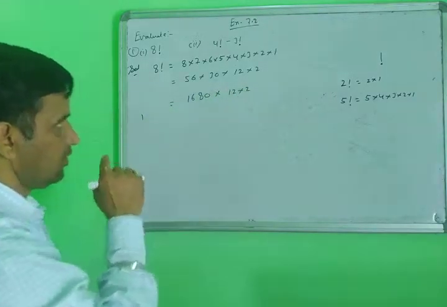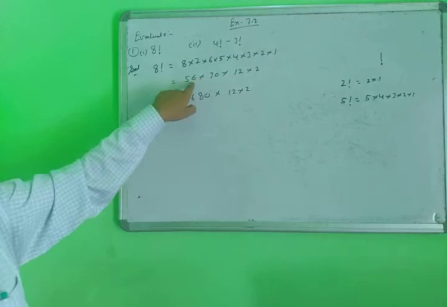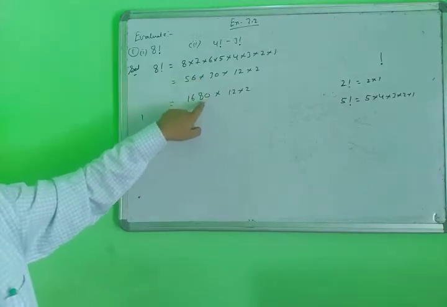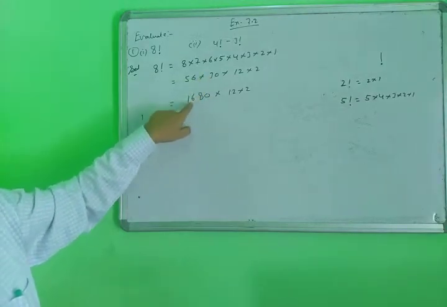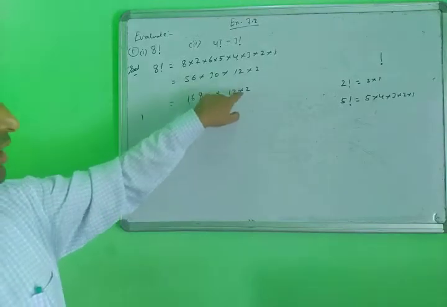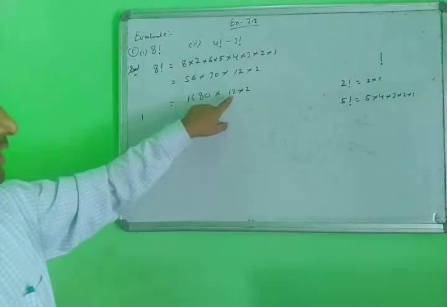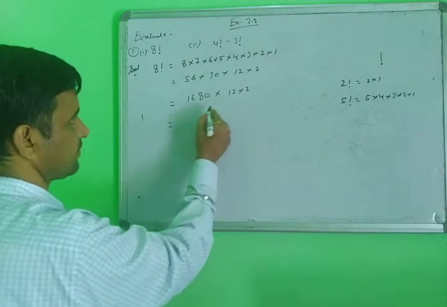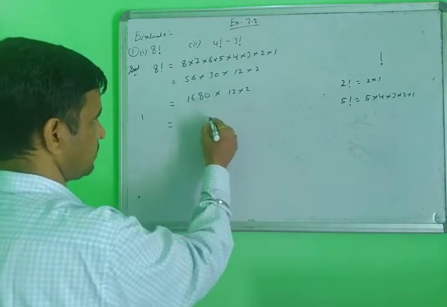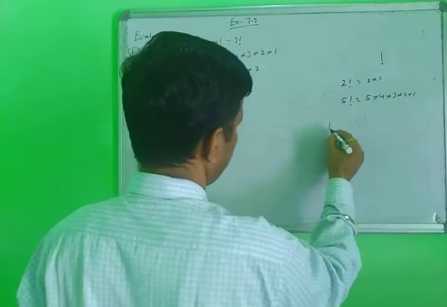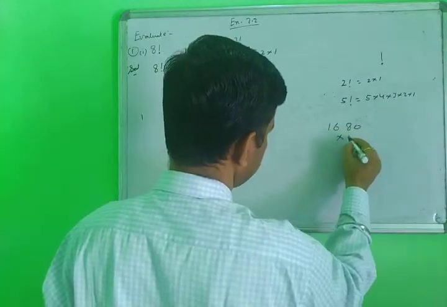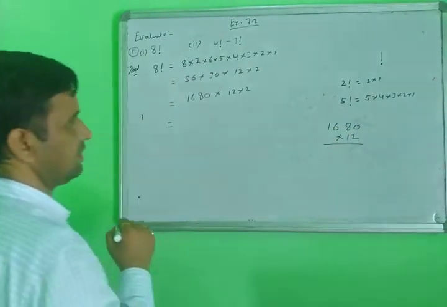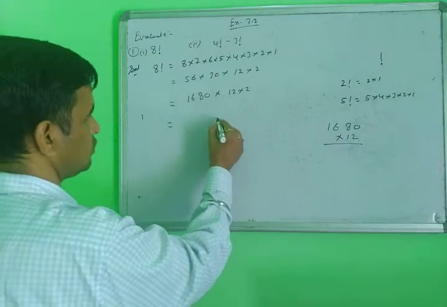Don't multiply here first; you first multiply 56 by 30 to get 1680. After that you multiply by 12. 1680 into 12. In this way you multiply here. Then 12 into 0 is 0.